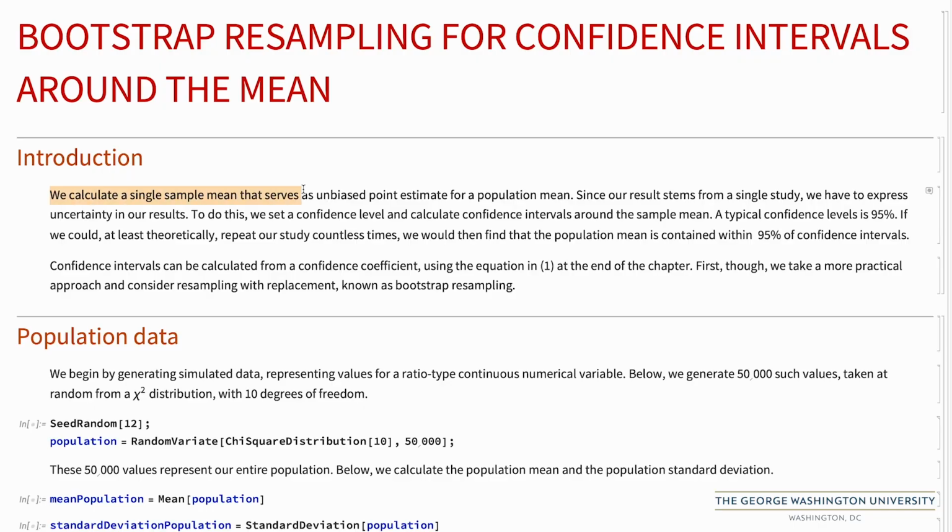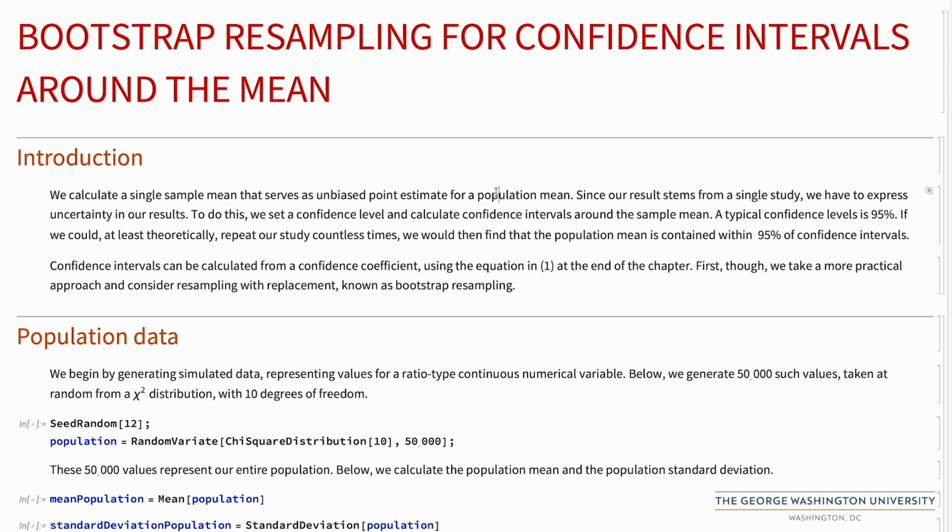So in real life, we calculate a single sample mean that serves as an unbiased point estimate for the population mean. As we can see here, we do a study once and we can only calculate a single mean for some continuous numerical variable. Now the sample mean is an unbiased estimator of the population mean, and that is what we want.